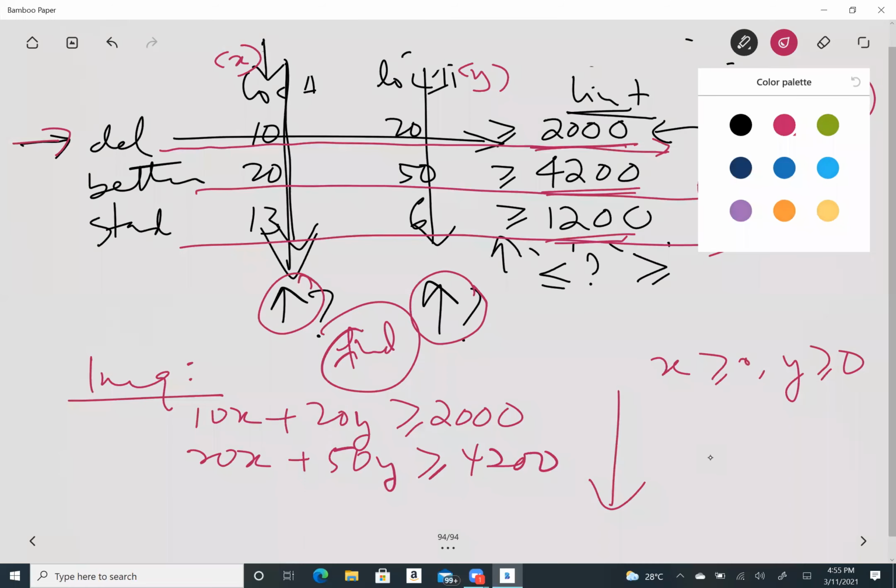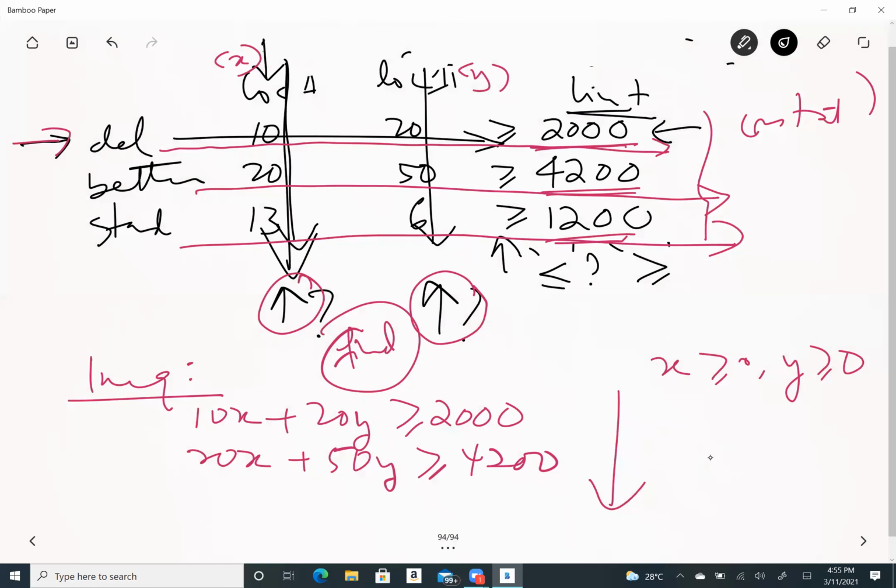Finally, what is the objective? Objective is to minimize cost. So you want to minimize cost. And the cost function is linear, Ax plus By. So what is the value of A and what is the value of B?